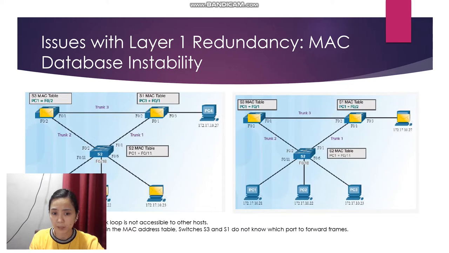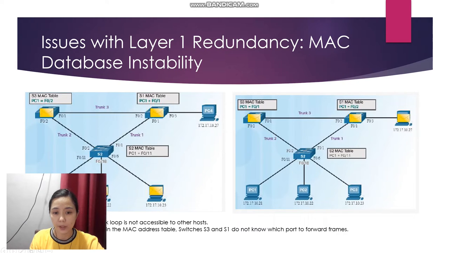Then S1 and S3 send the frame out of all the ports except the port that it came in on. When S1 sends the frame out of port 2 or trunk 3, S3 updates the MAC address table to reflect that PC1 is now reachable through port 1.